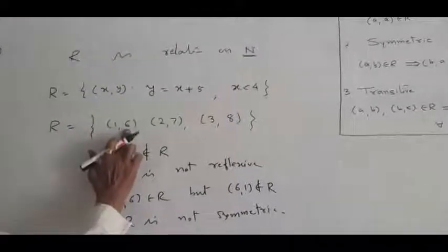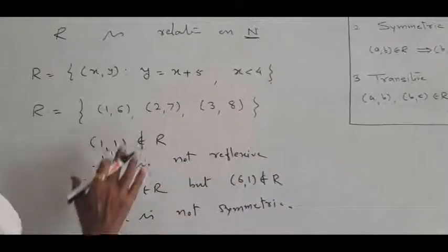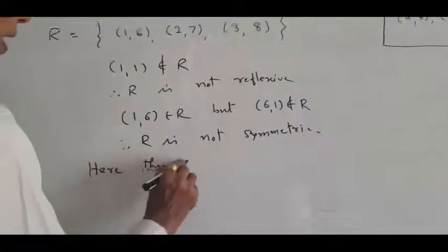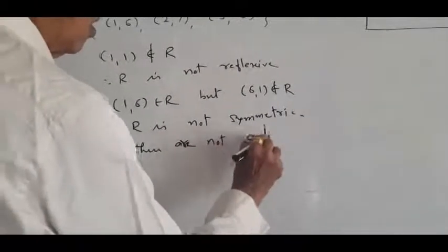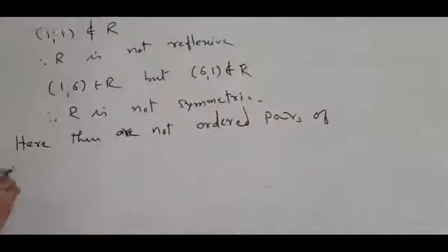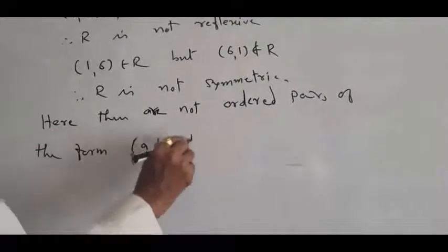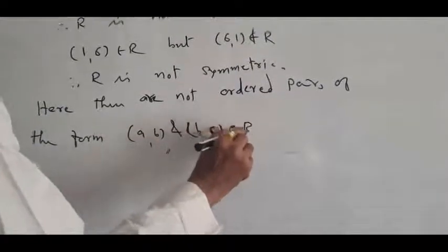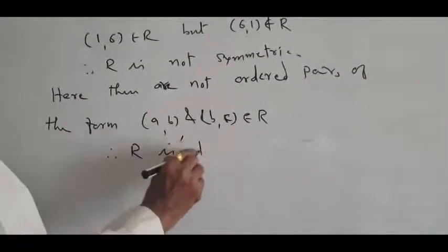Here 6 is not the first element of any ordered pair, and 2 is not a first element either. Therefore, there are no ordered pairs of the form (a, b) and (b, c) belonging to R. Therefore, R is transitive.